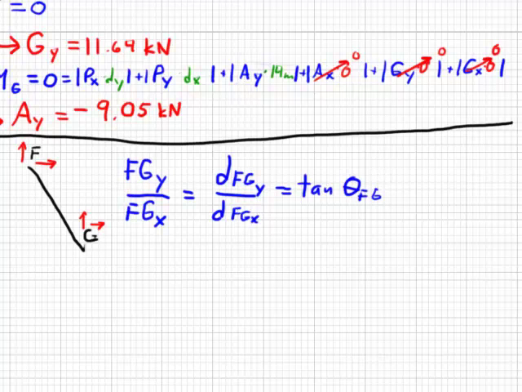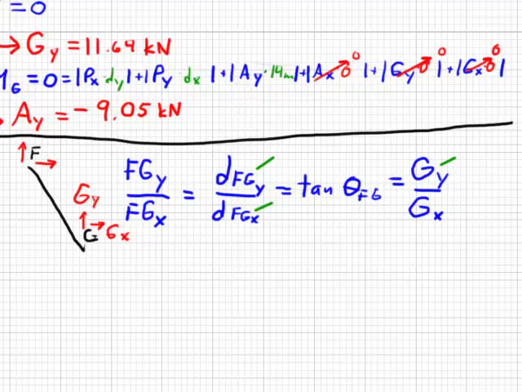So these forces are related in this manner. What's more, at point G, we have the reaction loads of Gx and Gy. So Gy and Gx, in this case, are the same as the forces on the strut in the y direction and the forces on the strut in the x direction respectively. So this is Gy over Gx. Well, what do I know? I know these distances, and I know G in the y direction.